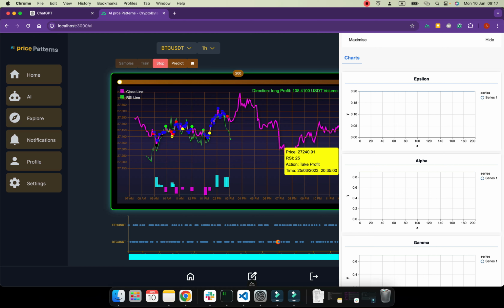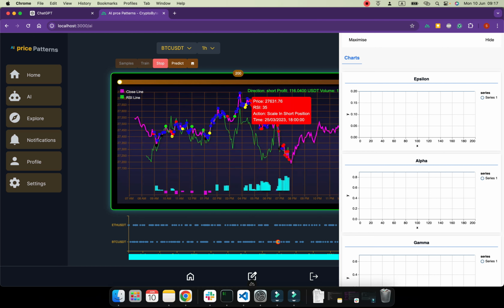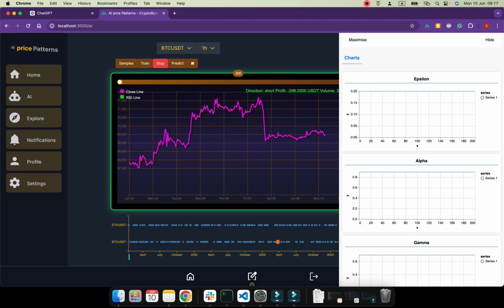Okay, so I think the idea will be clear for you, and we can manage this one. Yeah, I like this one. You see, we opened a lot of short positions, then took profit, then again short position, increase. Okay, so I like this one because what I discovered is very important. It's not just about the models.